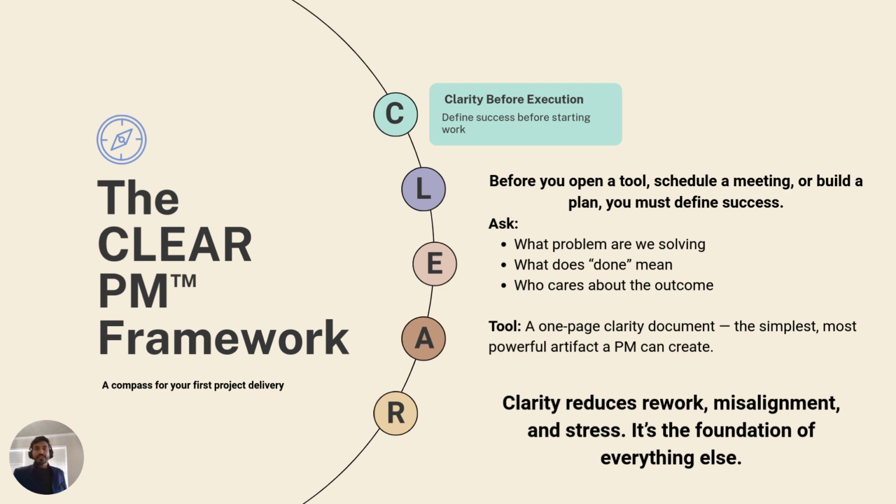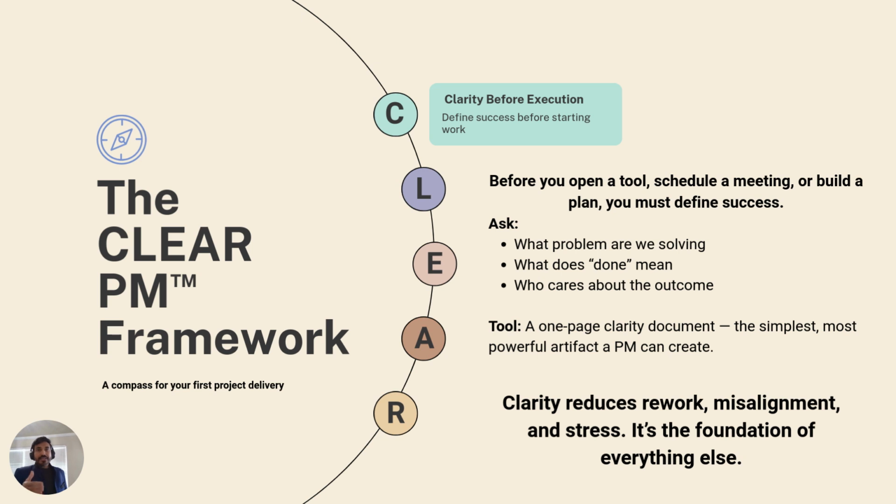The first is clarity. Clarity before execution. Define success before starting the work. Before you open any tool, schedule a meeting or build a plan, you must define success. So you can ask a couple of questions: what are the problems that we are solving? What does done mean? Who cares about the outcome? Whom should I contact for a specific problem? Who is going to be my key persona for this project?